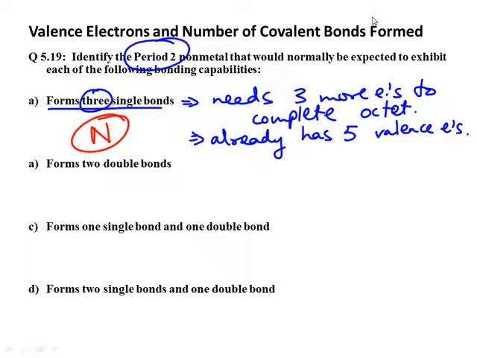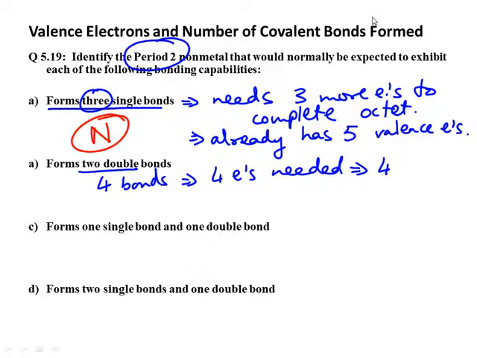Forms 2 double bonds. 2 double bonds implies 4 bonds. 4 bonds implies 4 electrons needed. 4 electrons needed implies 4 valence electrons already present on the atom, which implies group 4A. So, period 2, group 4A is carbon.